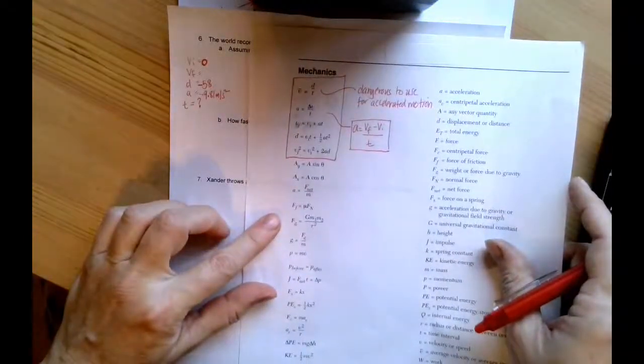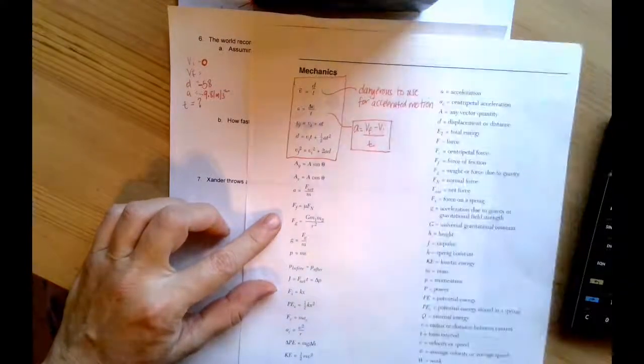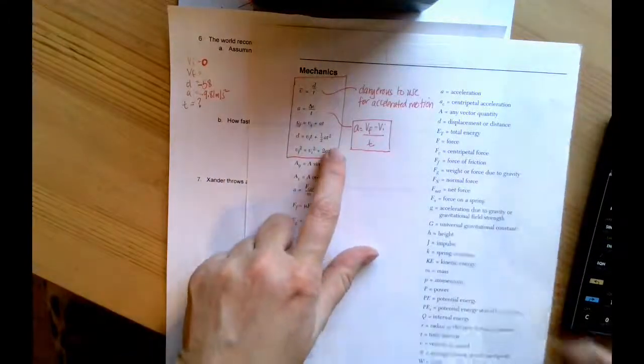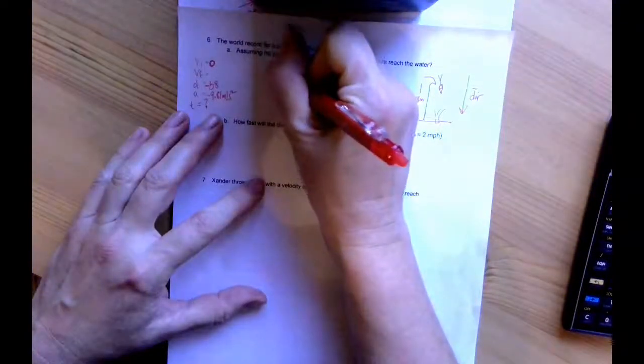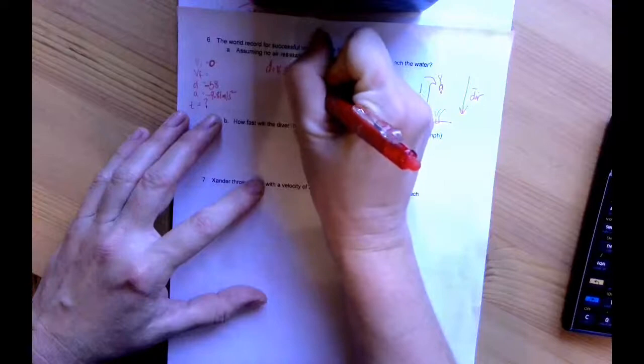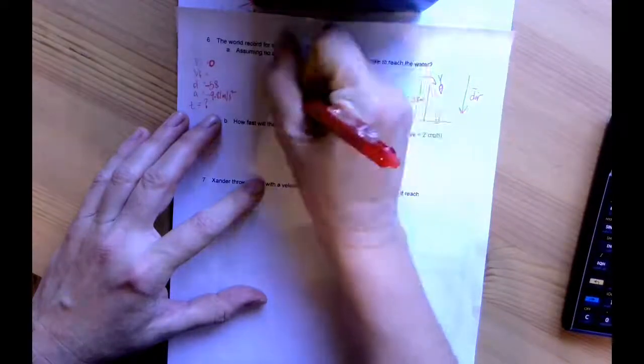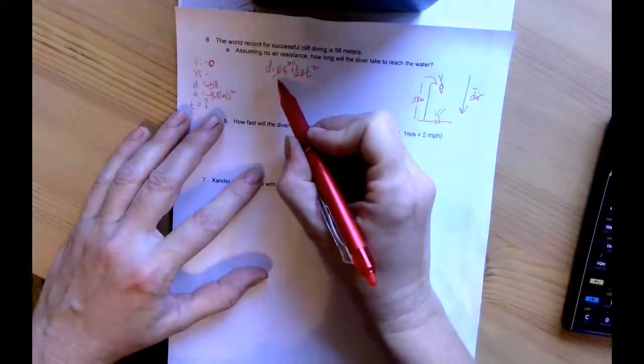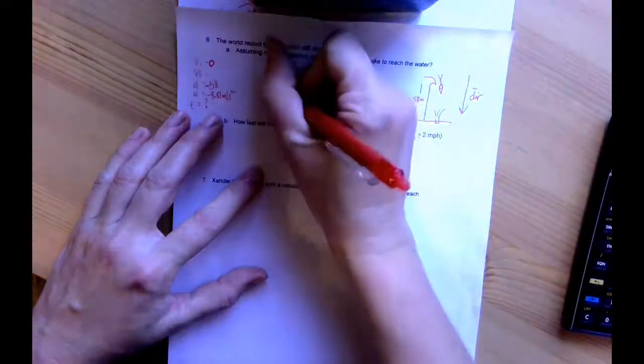The formula we're going to use is my favorite: D equals VIT plus 1/2 AT squared. Since the initial velocity is 0 and 0 times anything is 0, this whole term drops out.